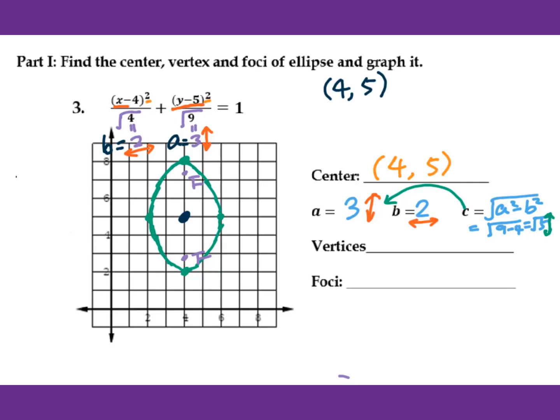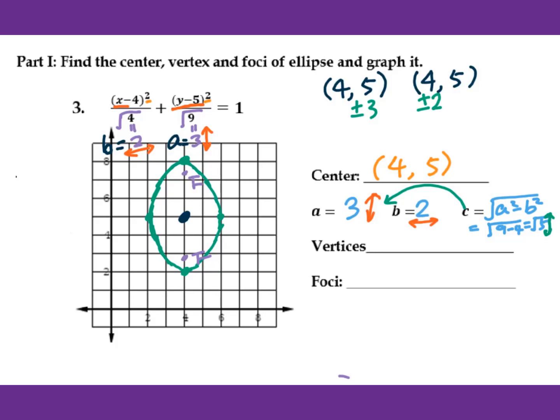Since A is up and down, I go to the y coordinate, plus or minus 3. Write down (4, 5) again. Since B is horizontal, I add or subtract to the x coordinate.